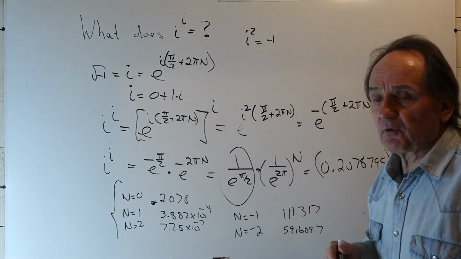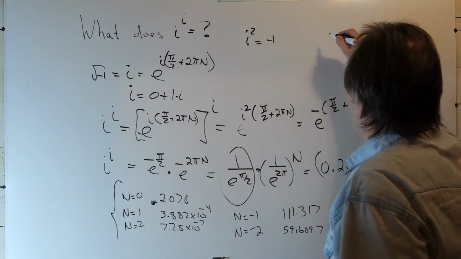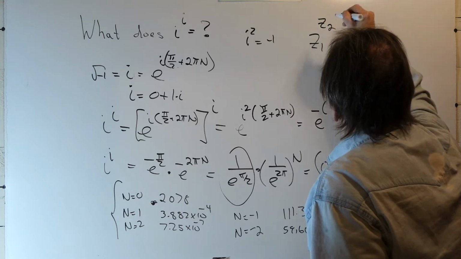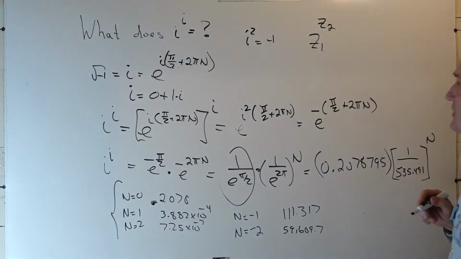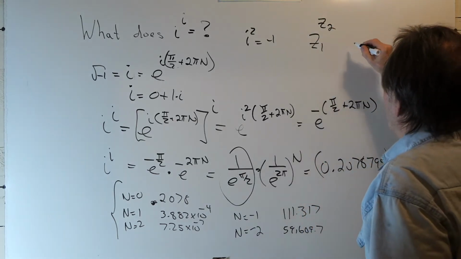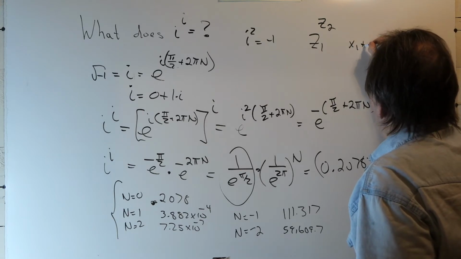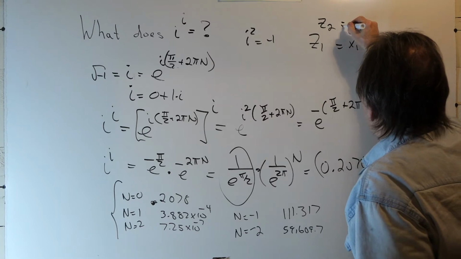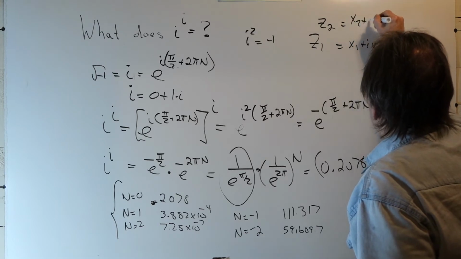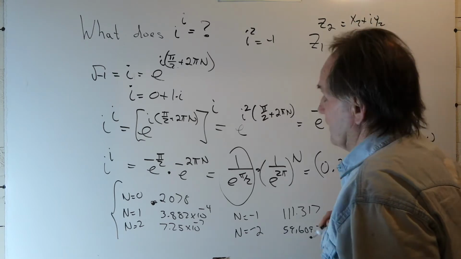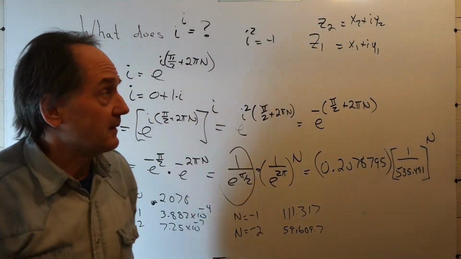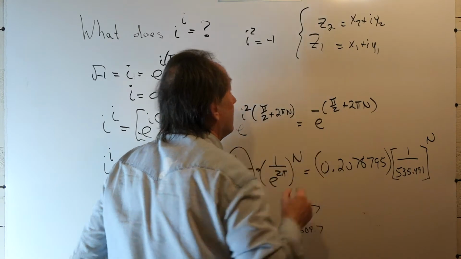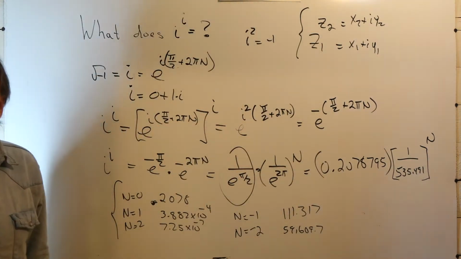Now we'll do a review of complex numbers and look at z1 raised to the z2 power, where z1 is a complex number, x1 plus i y1, and z2 is x2 plus i y2. We'll see how to compute the value of a complex number raised to a complex number.